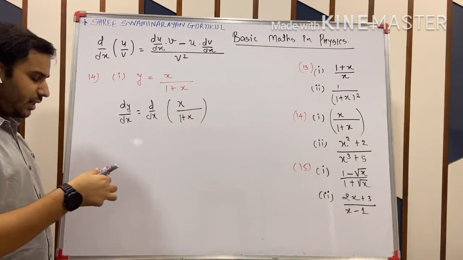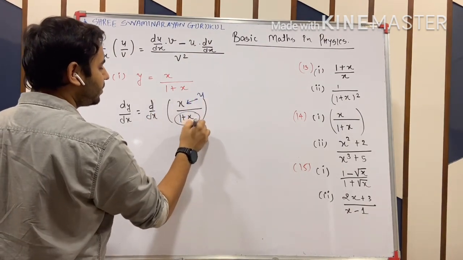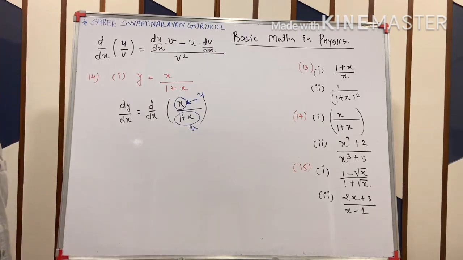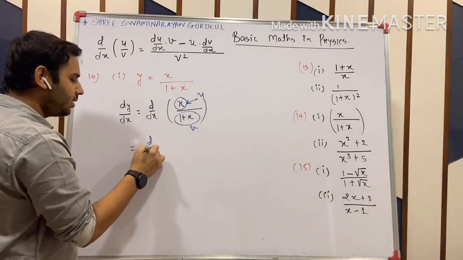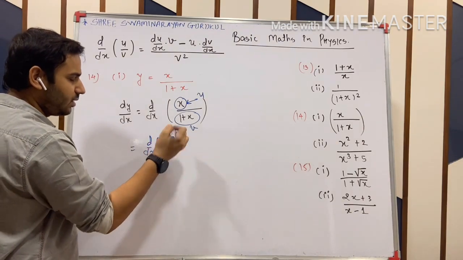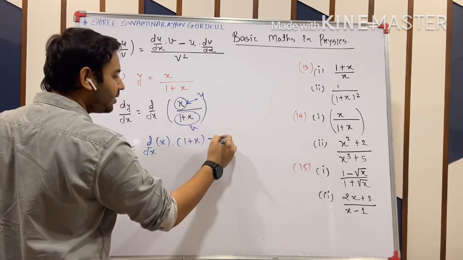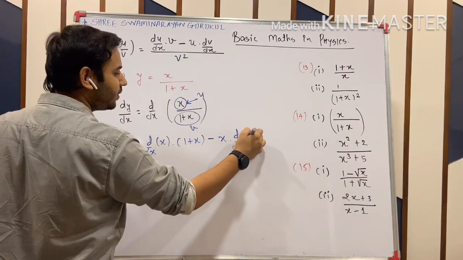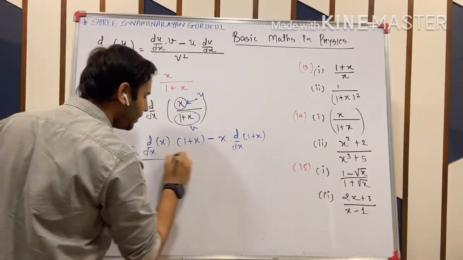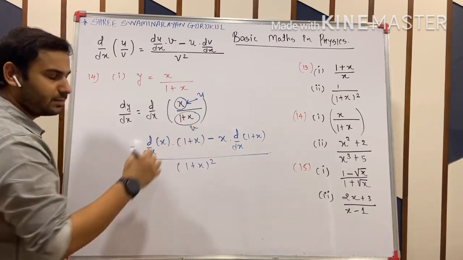You can say the numerator is your u and this one is v. Now your formula: d by dx of x into v as it is, the denominator as it is, 1 plus x, negative sign, then x as it is, and differentiation of 1 plus x, and in the denominator you can write 1 plus x whole square.